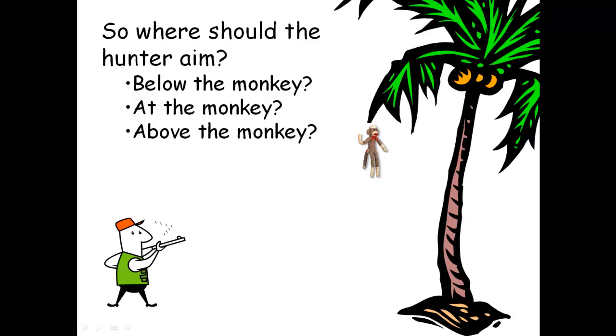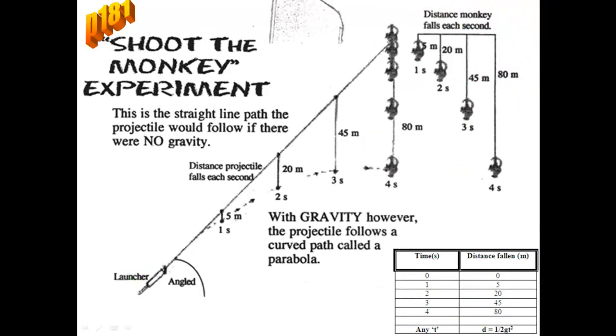Well, it turns out you would shoot at the monkey. Because remember, both the bullet will start falling and the monkey will fall at the same rate.